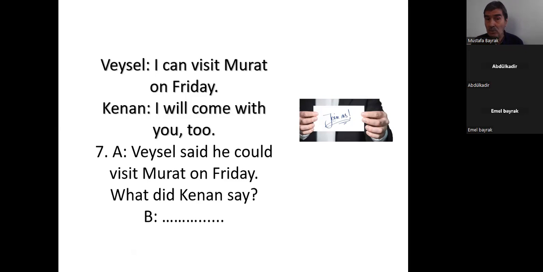Veysel said he could visit Murat on Friday. What did Kenan say? Kenan said he would. This is the crux of the matter, okay? Kenan said he would come with him, with you, he said. So we changed it into with him.